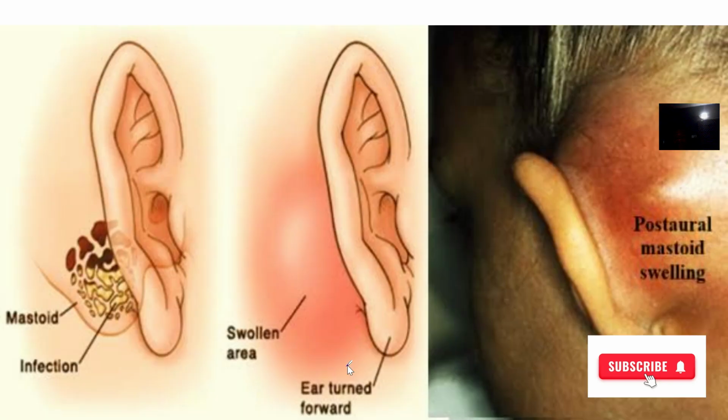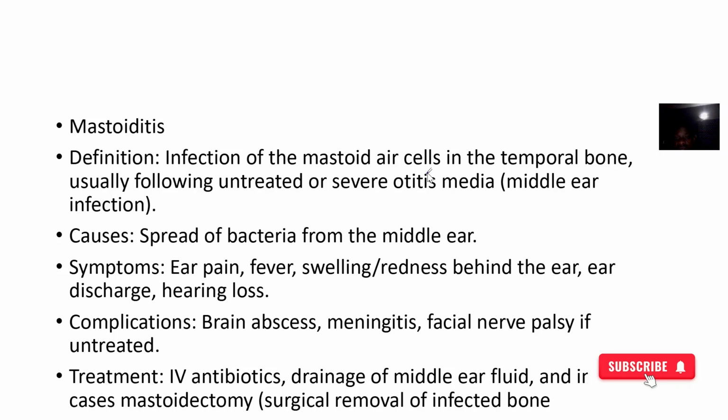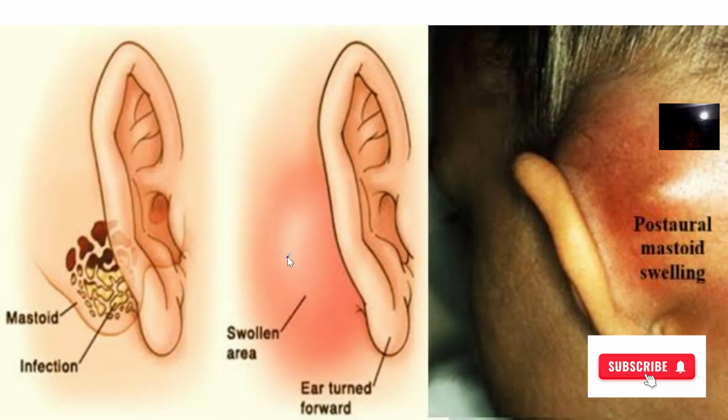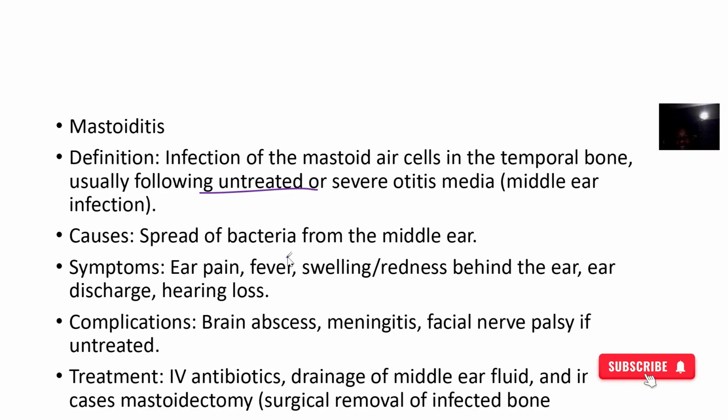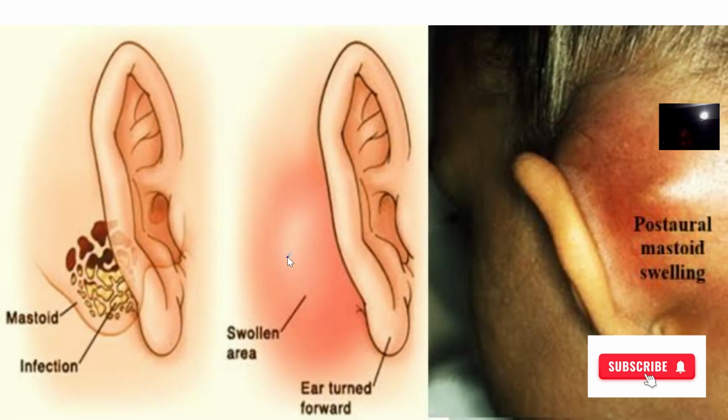Then for mastoiditis, it's an infection of the mastoid air cells in the temporal bone, usually following otitis media that has not been treated well. There's a lot of ear pain, fever, swelling, and redness behind the ear.